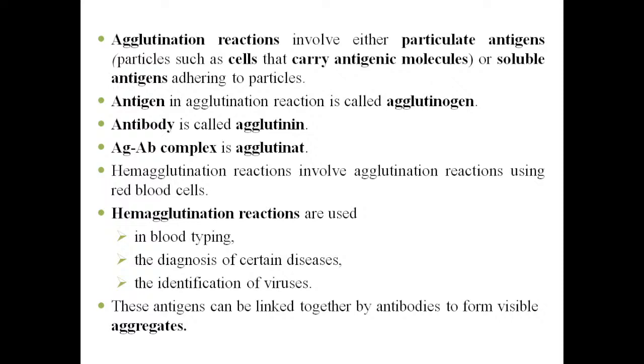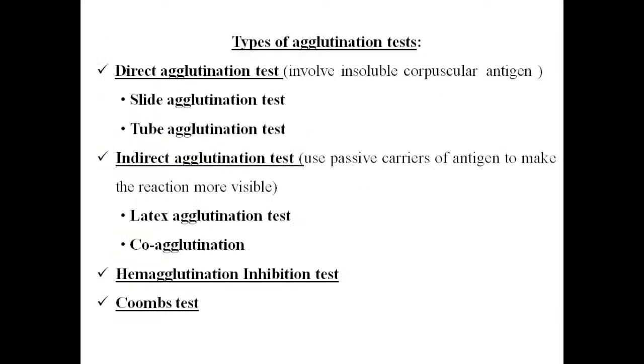These antigens can be linked together by antibodies to form visible aggregates. So the positive result of agglutination test is formation of aggregates when antigen and antibody are bound with each other.